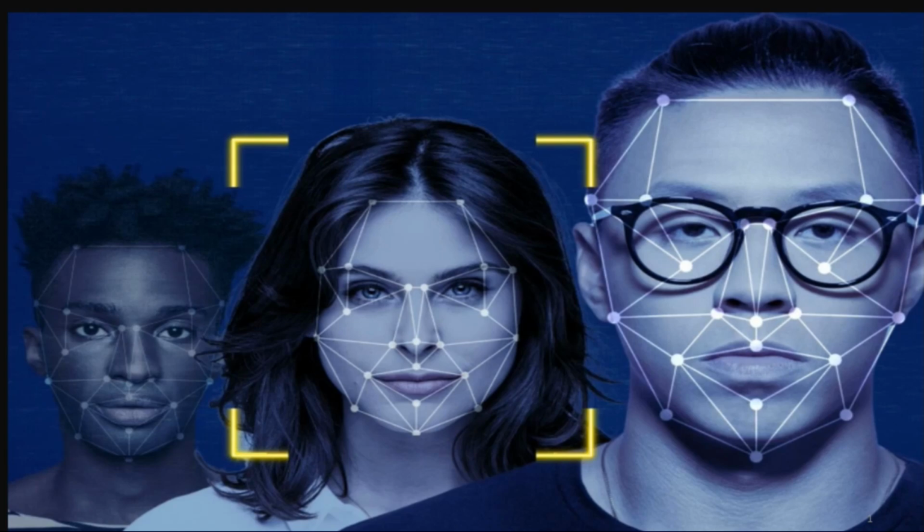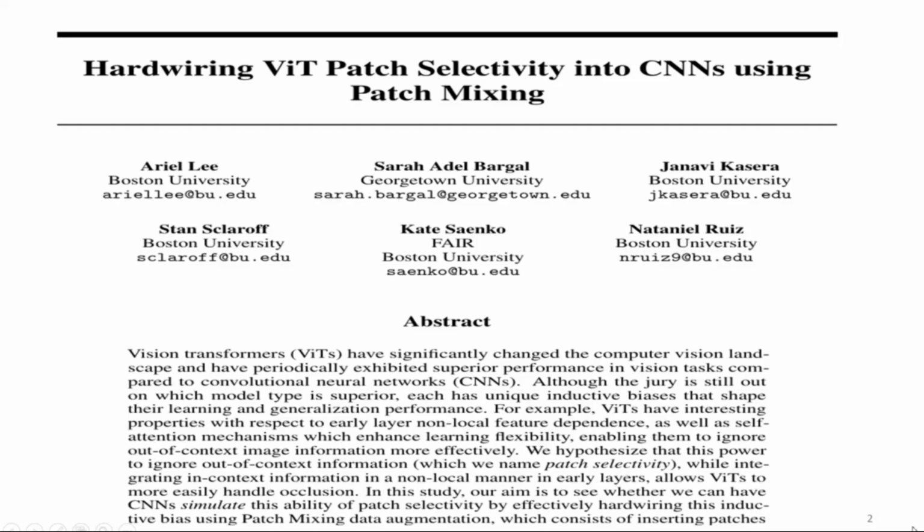Dear friends, the first paper we are going to discuss is Hardwiring ViT Patch Selectivity into CNNs using Patch Mixing. Vision transformers, shortly specified as ViTs, have brought a revolutionary shift to computer vision, often outperforming CNNs due to their unique ability to model non-local dependencies and use a self-attention mechanism.